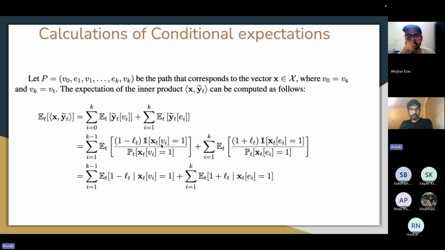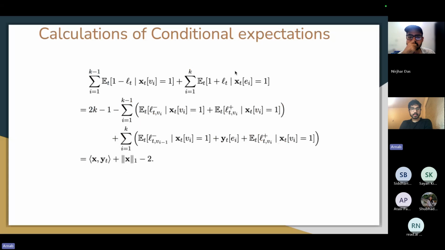And this is nothing but conditioning on the event that Vi was chosen, what is the expectation of 1 minus LT? And same goes for this, conditioning on the fact that Ei was chosen, what is the value of 1 plus LT? So I'll just finish the calculations for this.